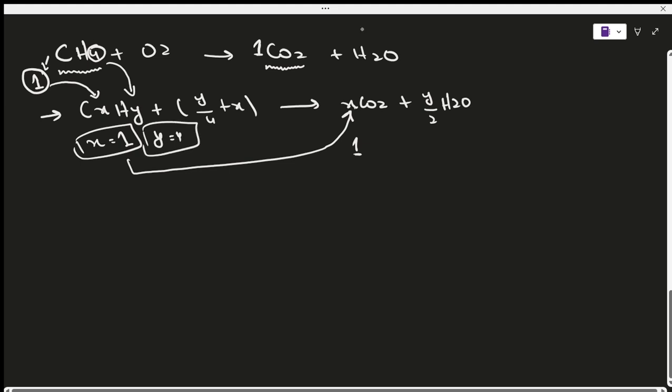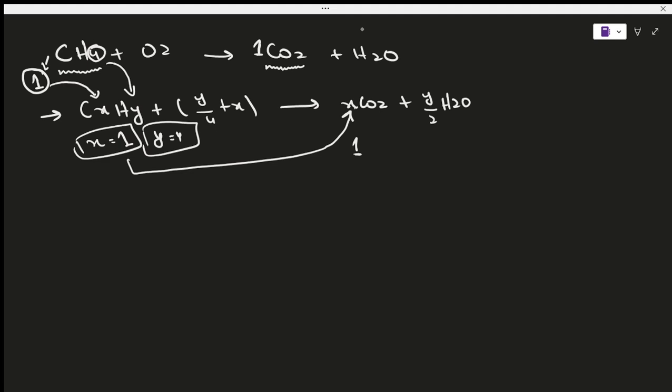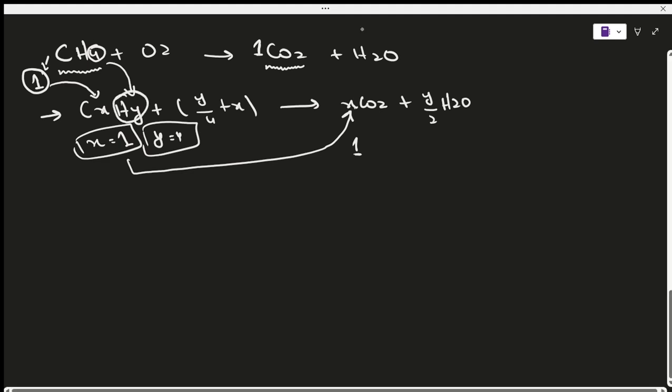To figure this out, with this hydrogen we'll figure out the moles of water. How? It says y over 2. So we'll divide 4 by 2 because the value of y was 4, and this comes to 2 H2O. So we place a 2 in front of H2O.